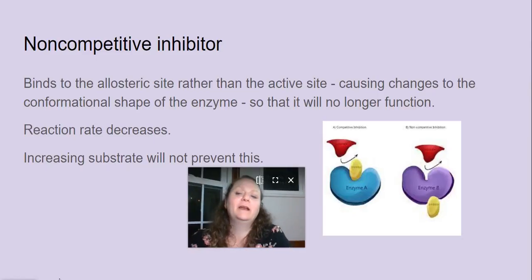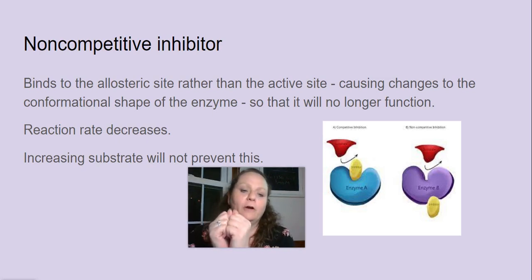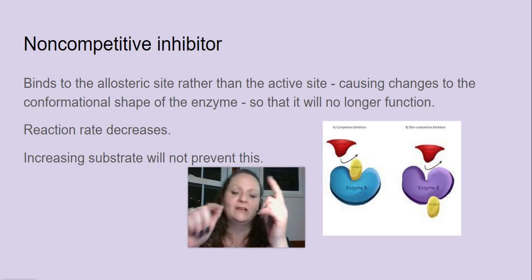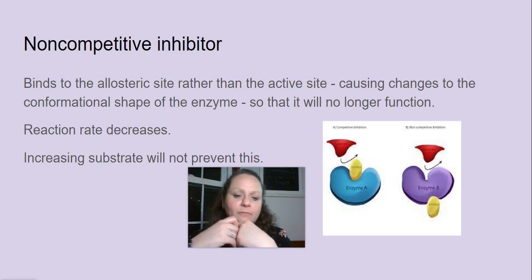The non-competitive inhibitor binds to what we refer to as the allosteric site rather than the active site. This causes changes to the shape of the enzyme so that it will no longer function. Imagine that you have a balloon and you squeeze one part of the balloon. It's going to change the shape of the rest of the balloon.